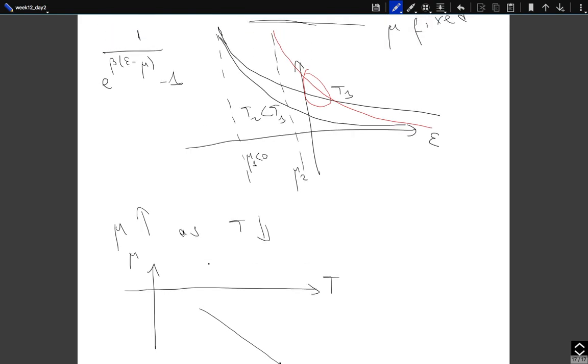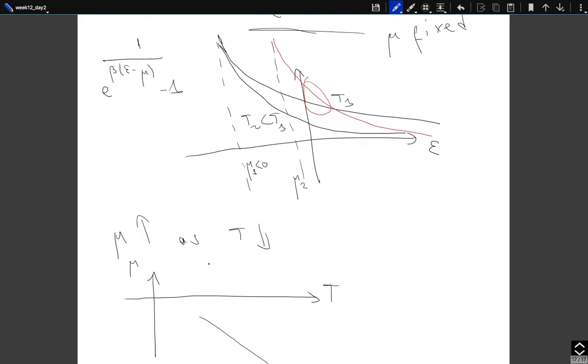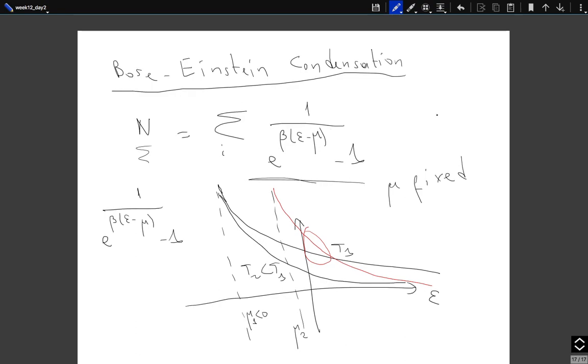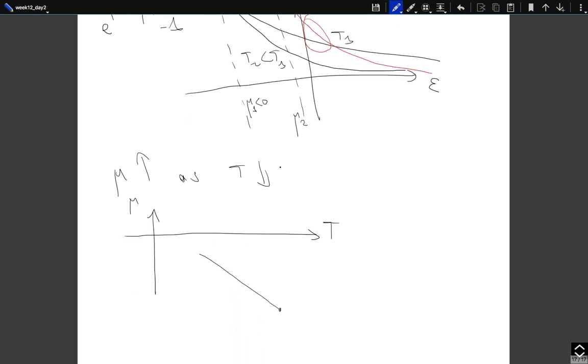And in fact, as T goes to 0, that is beta goes to infinity, if you look at this expression, for epsilon larger than mu, this is 0. For epsilon equal to mu and T going to 0, I can have some finite number. It will be 0 over 0 uncertainty, etc. As T goes to 0, mu should be 0.